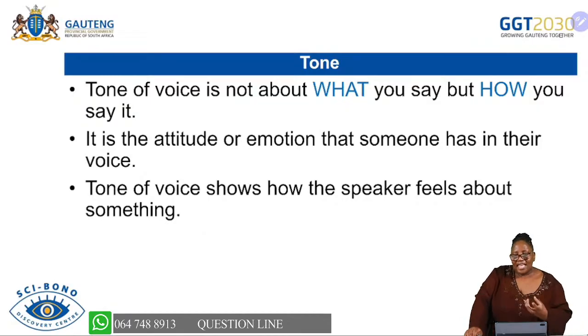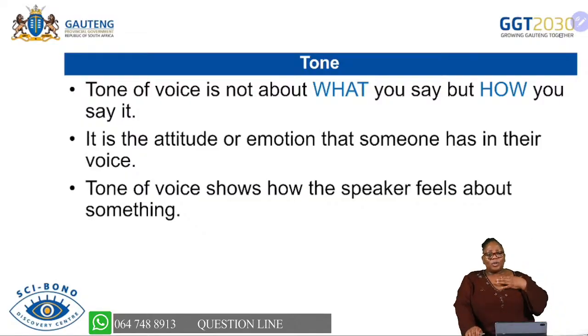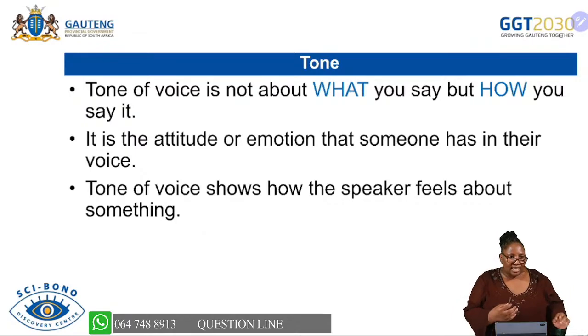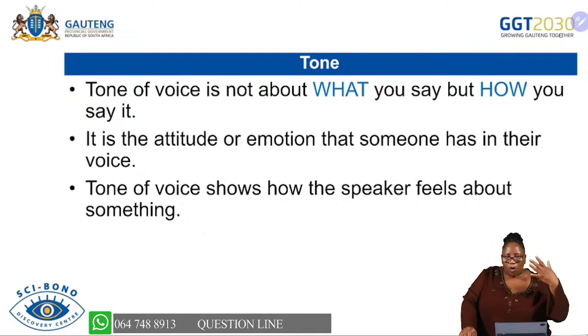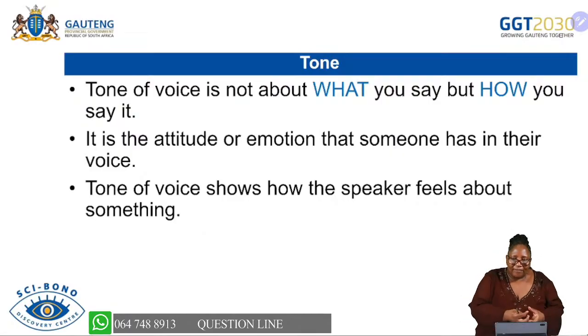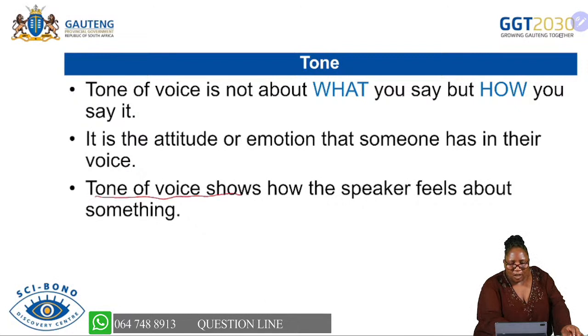That is the feeling. And by the time you say, I need 5 rands to do the following, they will easily oblige. But you don't just come in and say, I want. You'll first offer a cup of tea or a massage on the feet of your tired mommy. So the tone of voice shows how the speaker feels about something.